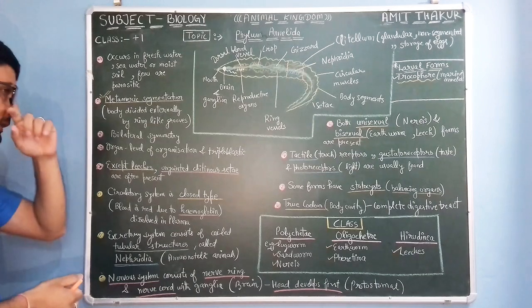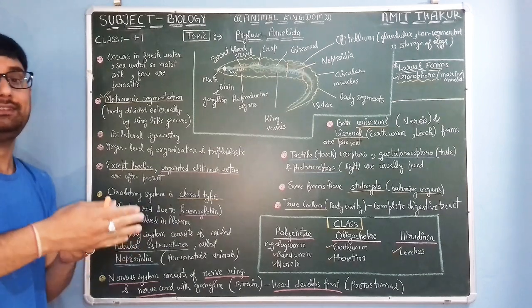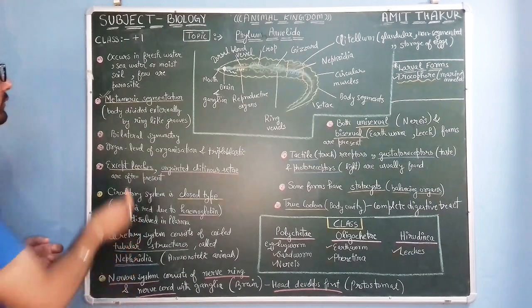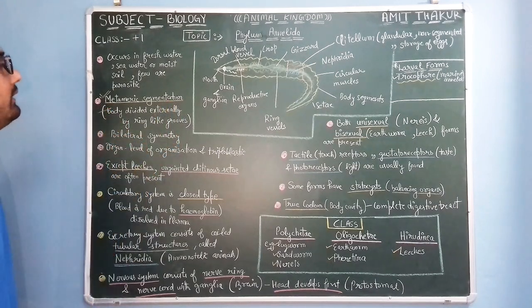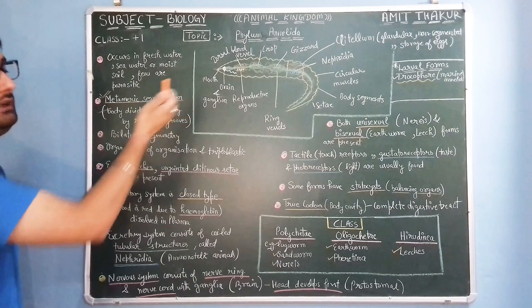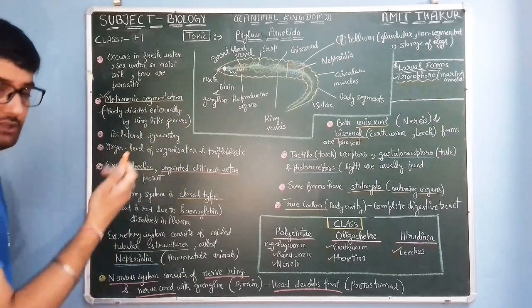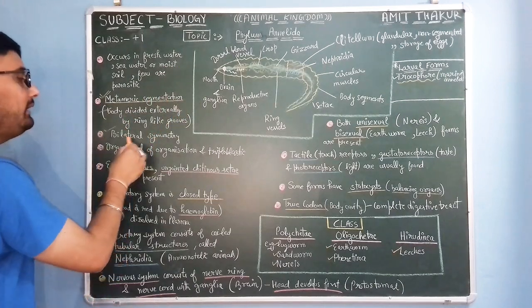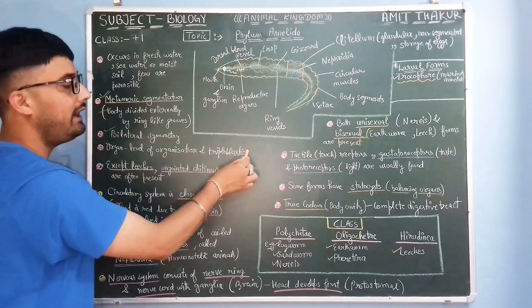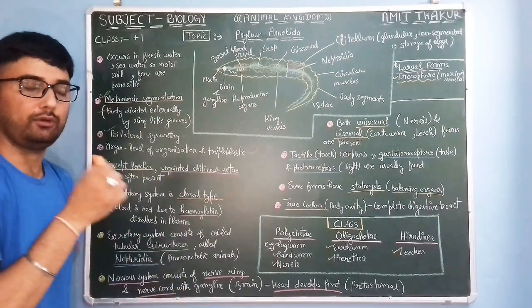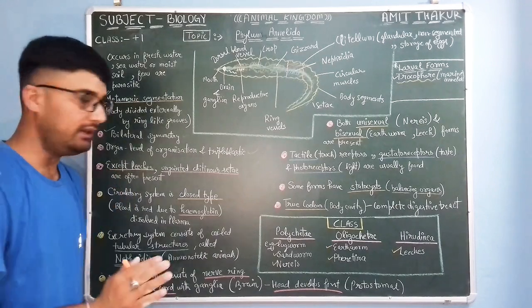That means their body is divided into various segments or compartments. So the body is divided externally by ring-like grooves. Okay, so metamerism or segmentation is present in annelids.